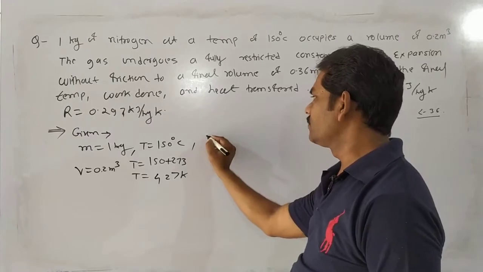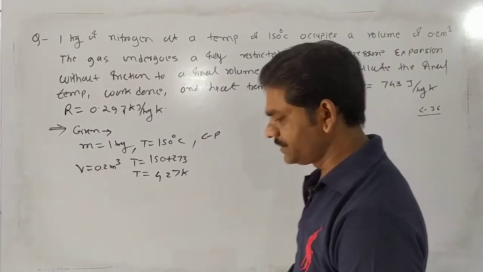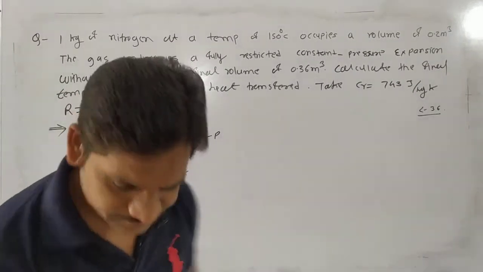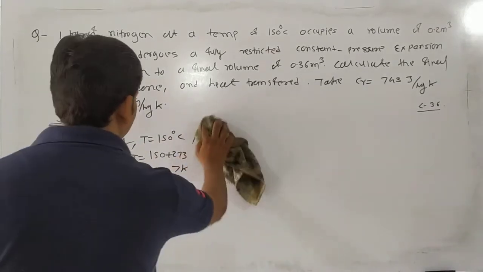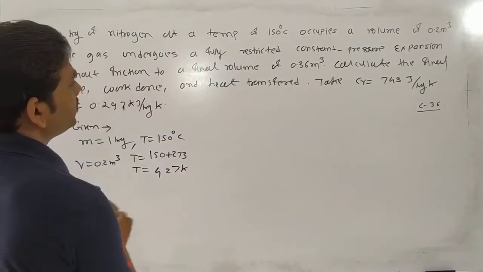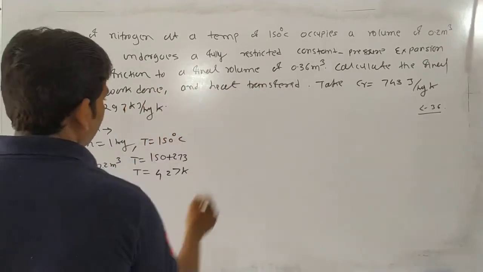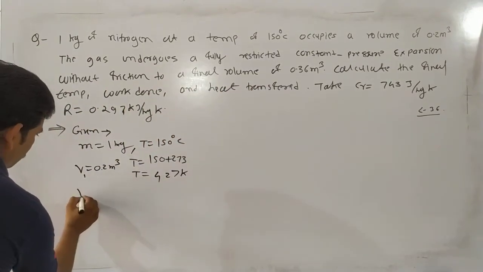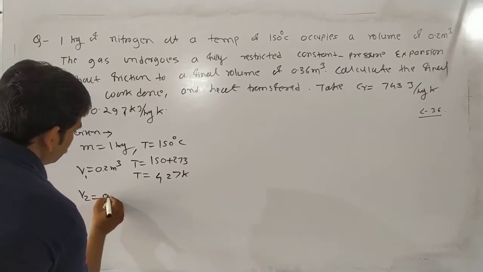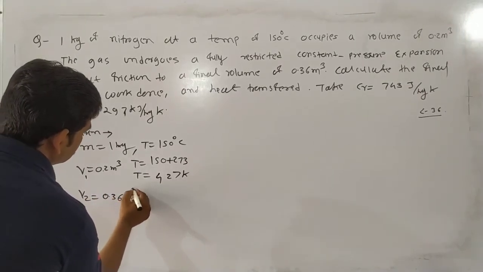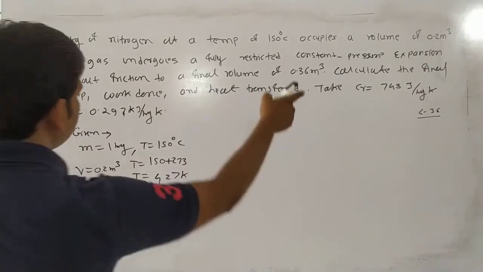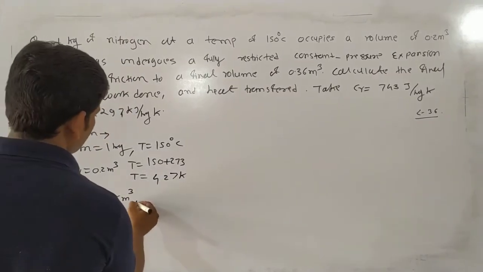Which process, boys? Constant pressure process. Expansion without friction to a final volume. This is initial volume V1, so final volume V2 is how much? It is 0.36 meter cube. Calculate the final temperature, means we have to determine T2, this is T1.